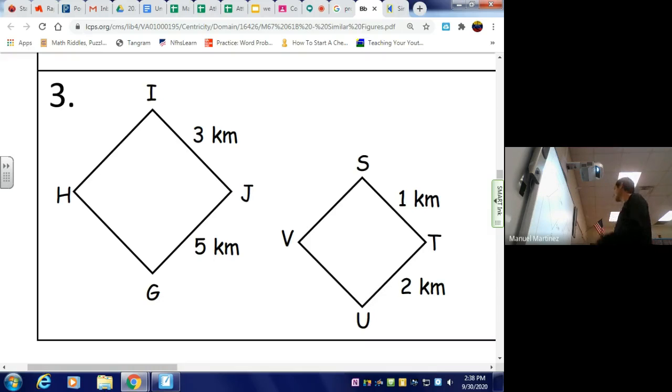Okay, they are the same angles, so we're good there. So the first condition is already checked. Okay, the angles are congruent. Now we have to make sure that the side lengths are proportional.